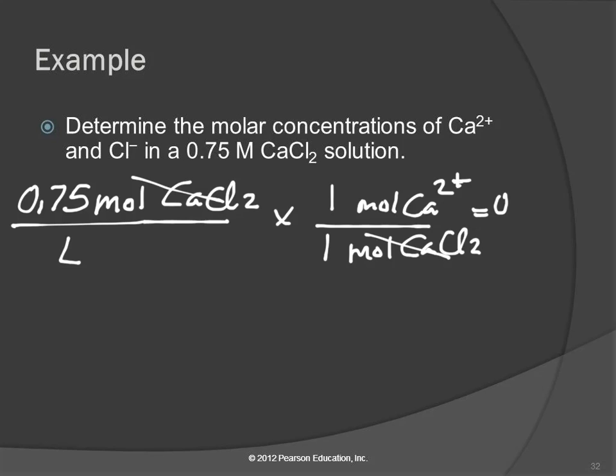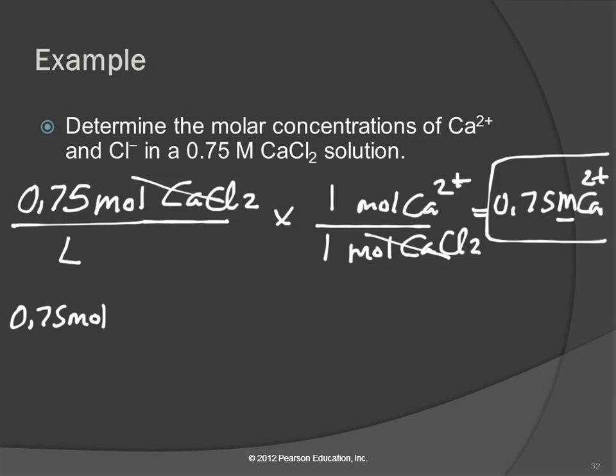So we end up with 0.75 molar calcium ions. You might say, well, that's dumb. Did we really have to do that? No, we didn't really have to. But it illustrates how you do the process. Let's do the same process for the chloride.